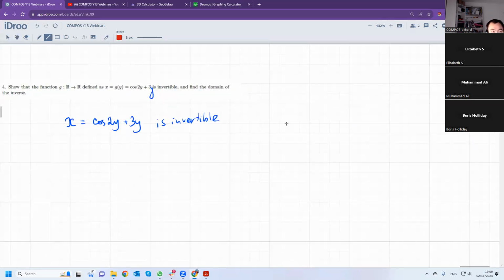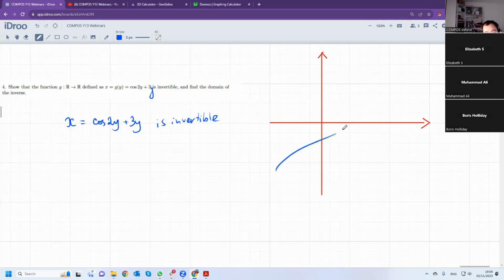Oh, we have a function. For example, this function is invertible. But this function is not invertible.